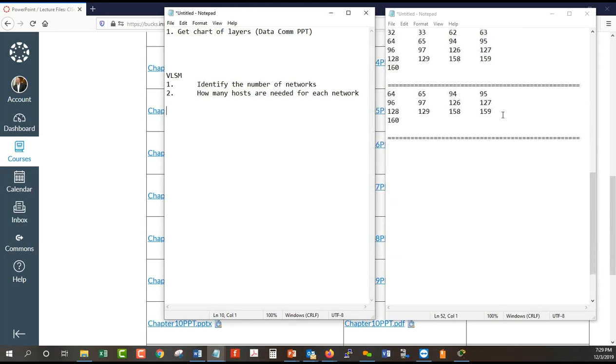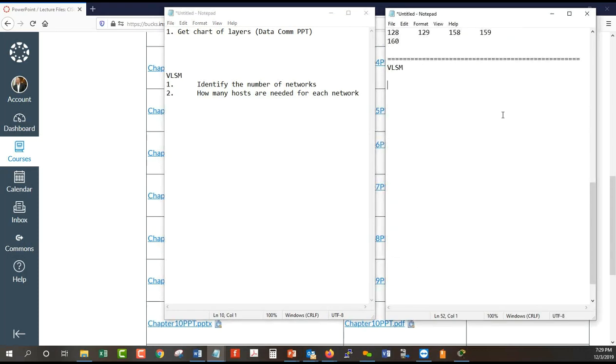So I'm going to tell you over here what we need. A is going to need 2. B is going to need 116. C is going to need 12.